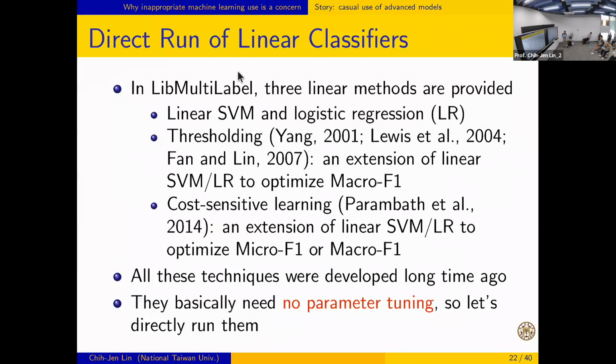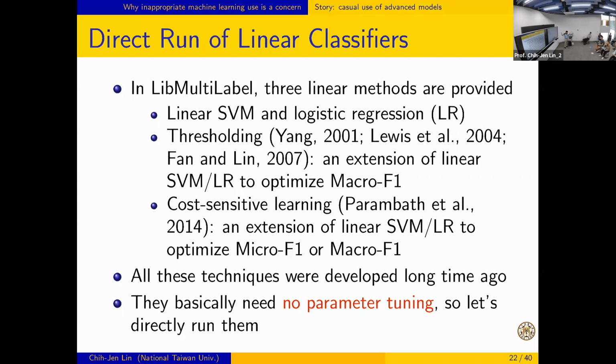First, let's try to do a direct run of linear classifiers. In LibMultiLabel, we actually have 3 linear methods. The first one is just the basic linear SVM and the logistic regression. I'm not going to talk about details, because SVM was designed for binary classification, but now we have multi-class and multi-label.